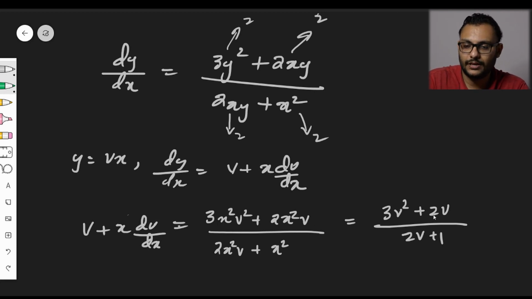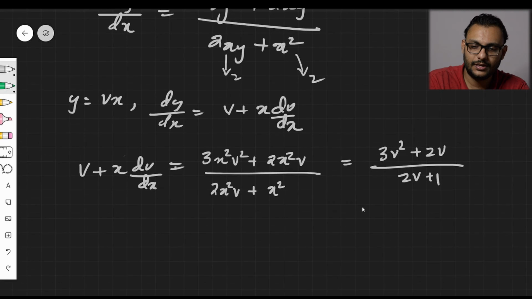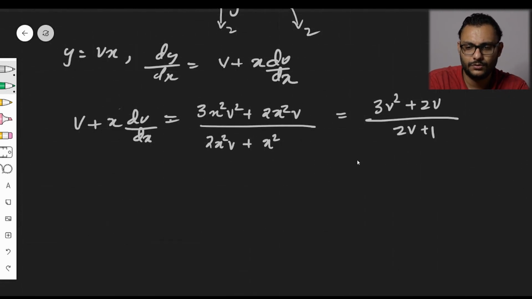Further taking v out of this, we get 3. Now I think we don't need to simplify further, we just want to separate the variables.